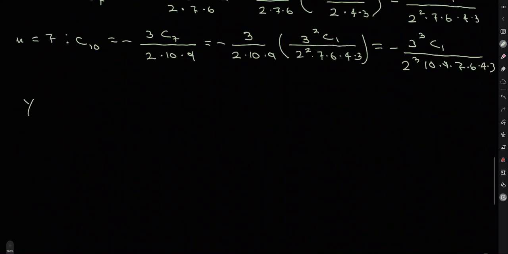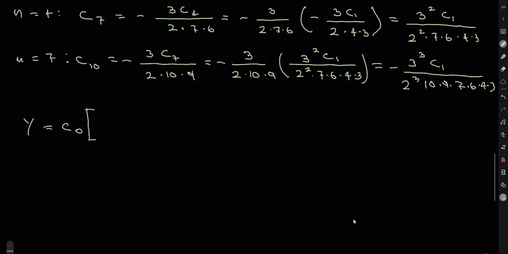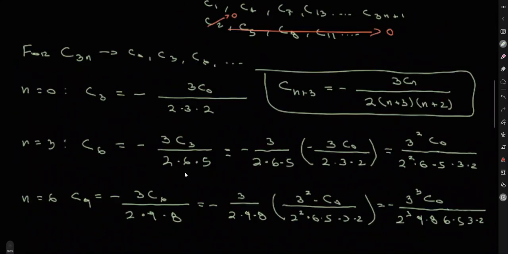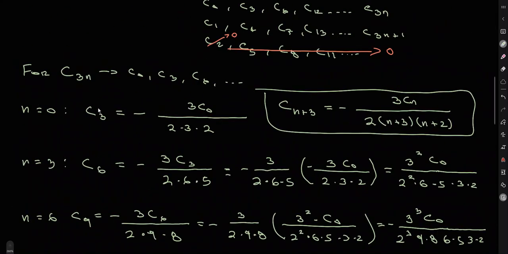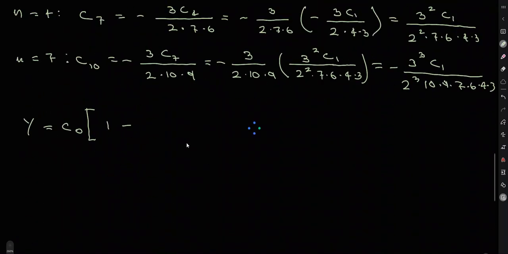I'm going to factor c sub 0, so c sub 0 times the first coefficient, that's simply a 1, and then minus the second coefficient, the one corresponding to c sub 3, that is negative 3 over 2 times 3 times 2. Let me just copy it down. 3 over 2 times 3 times 2, and that's actually the coefficient of x cubed.